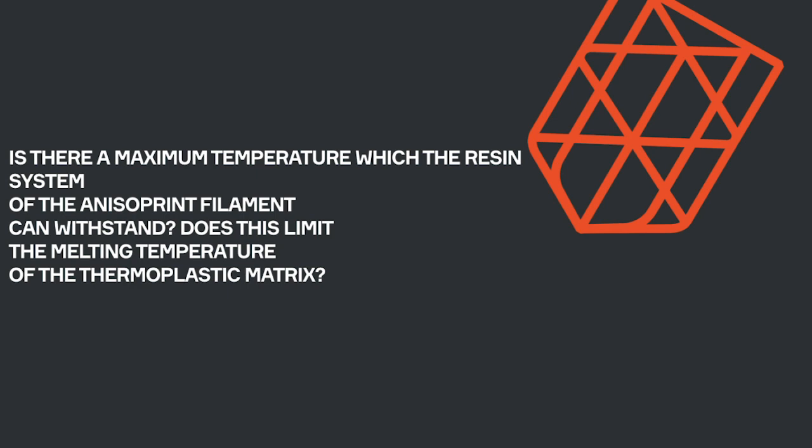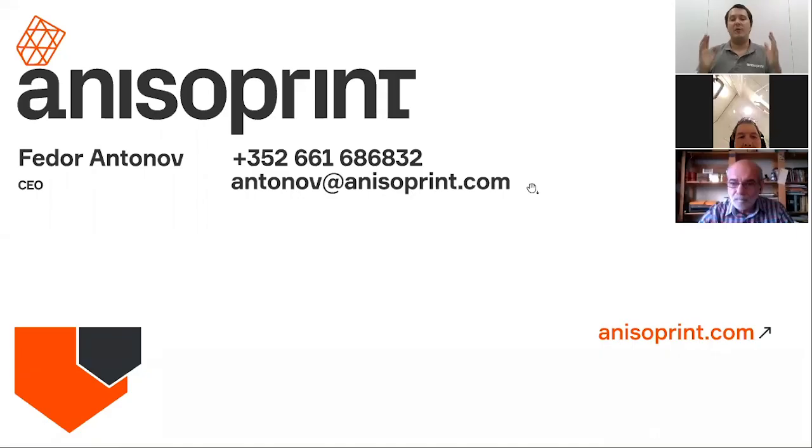Is there a maximum temperature which the resin system of the Anisoprint filament can withstand? Does it limit the melting temperature of the thermoplastic matrix? Yeah, on the desktop systems, on the Composer, the limit is 300 C. With a high temperature, the thermoset inside the filament will start degrading, and that's why there is this limit.